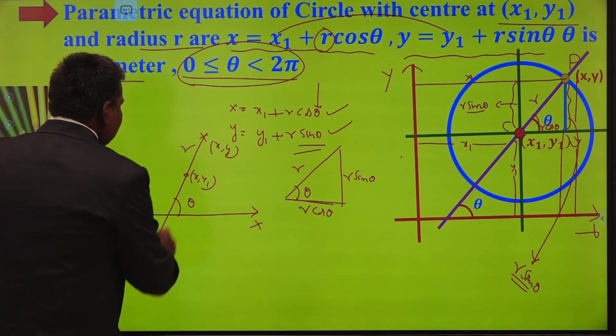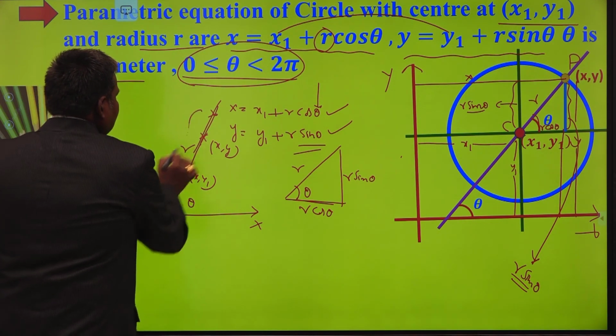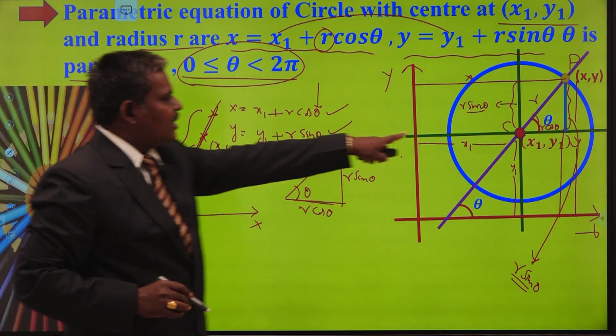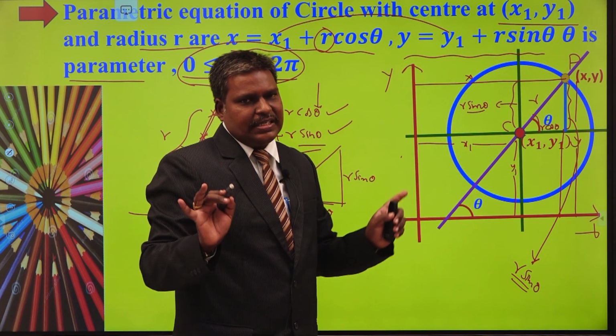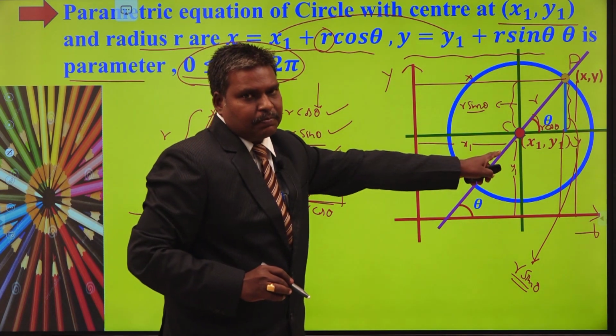The distance r is varying by moving the point on the line itself. Here r is varying. Here r doesn't vary, because once the circle is fixed, the radius of the circle is fixed. So r is varying here, r is fixed there.